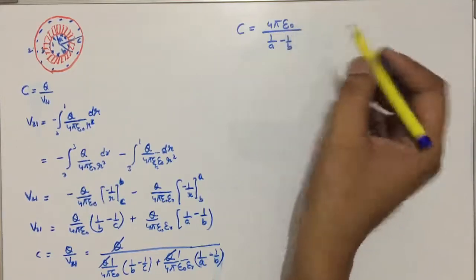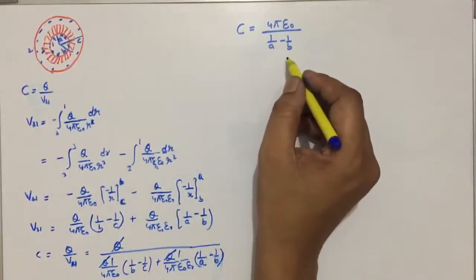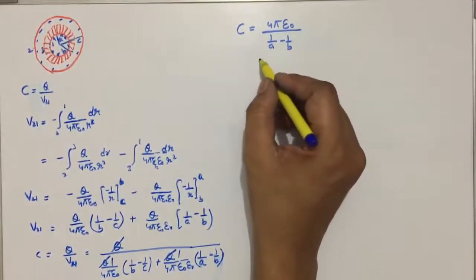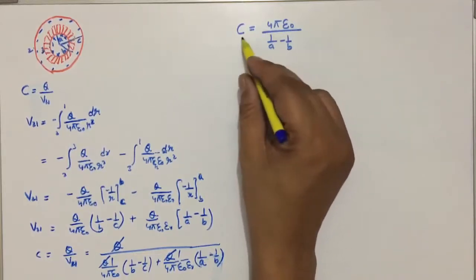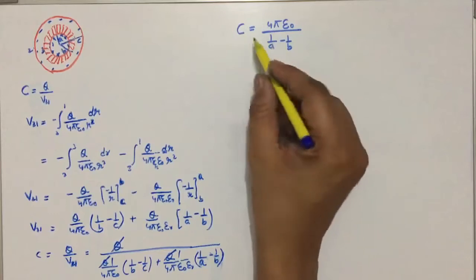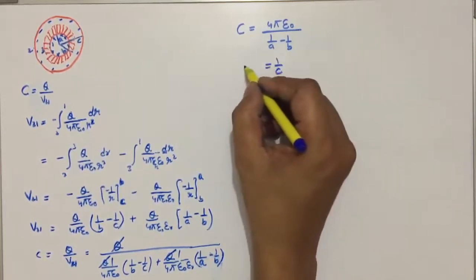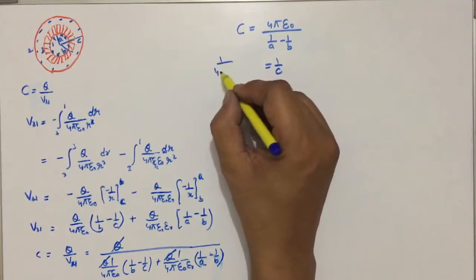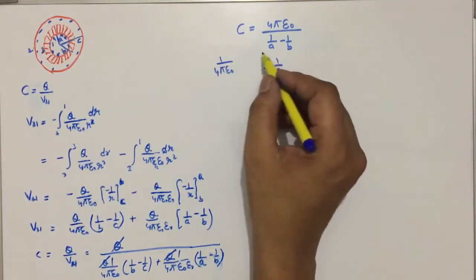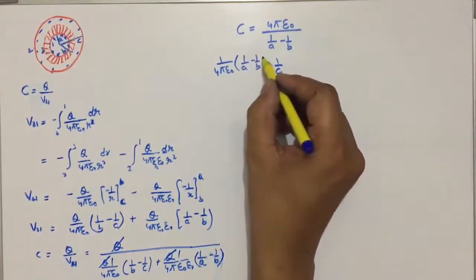So if we simplify the previous derivation for the spherical case, then we can say, bring c here, do cross multiplication, then 1 by c can be written as 1 by 4 pi epsilon naught times 1 by a minus 1 by b.